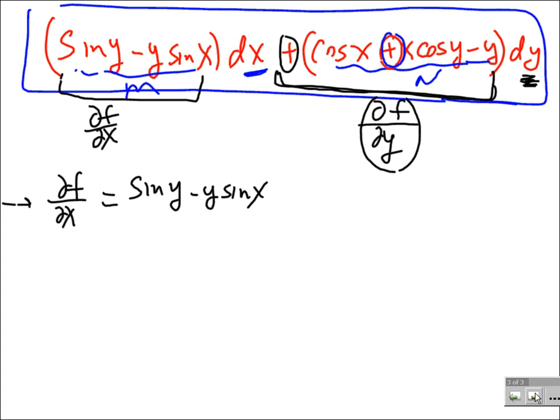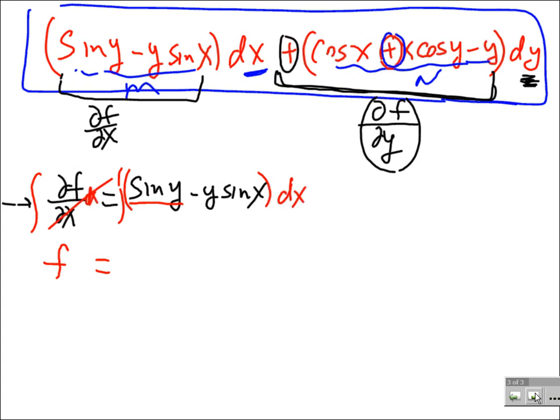I just did it. Now I integrate both sides with respect to x. You can think of that canceling out. The integral of df is just f. Integrate the other side.